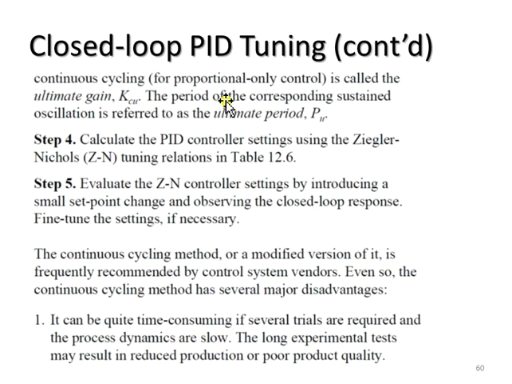The period of the corresponding sustained oscillation, which we can measure between peak to peak or valley to valley, is referred to as the ultimate period, Pu. So from this step, we managed to get the value of Kcu and the value of Pu.